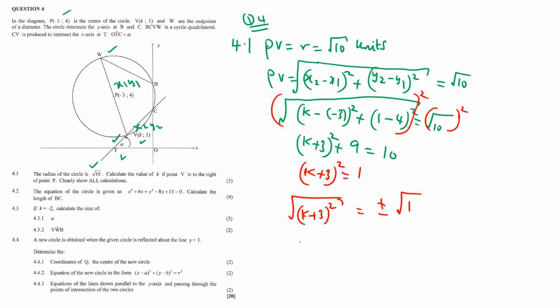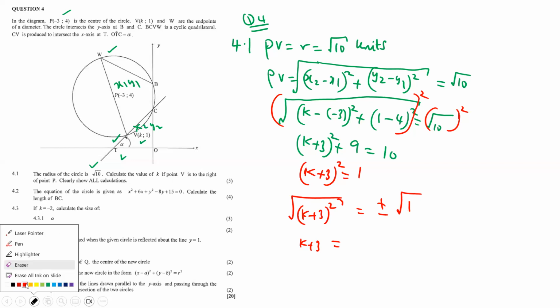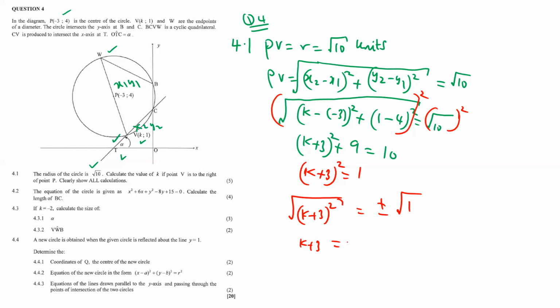So which means it's k plus 3 equals plus or minus 1. K plus 3 is 1, so k is minus 2, or k is minus 4.